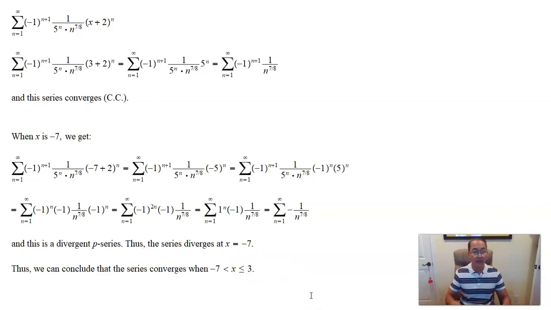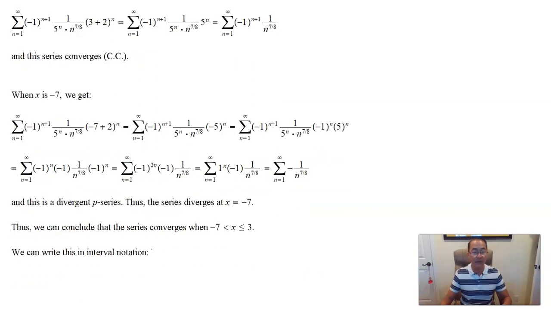Okay, so we can write this in interval notation. And I usually would pause my video so that you won't see what I'm doing, because I'm going to write this with a parenthesis on the left and a square bracket on the right, because we want to exclude negative 7 but include positive 3. Okay, so I'm going to click on something here.